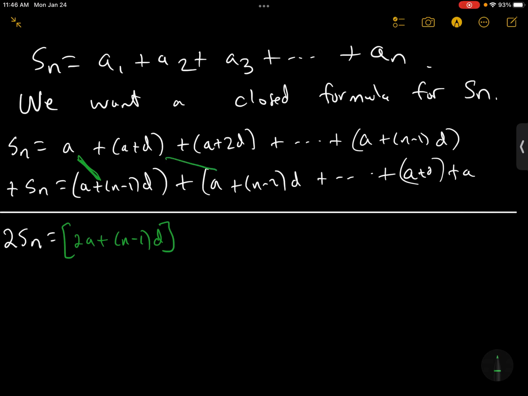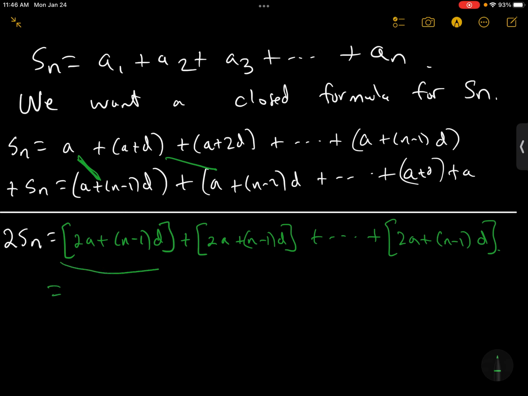When I add the next two terms together, I get 2A plus n minus 1 times d. All of them are the same, so I have now 2A plus n minus 1 times d. And there are n of these.